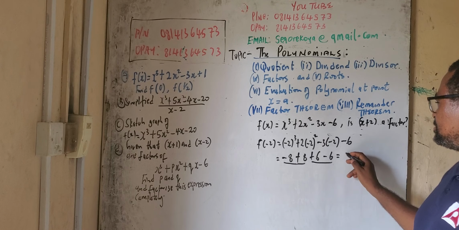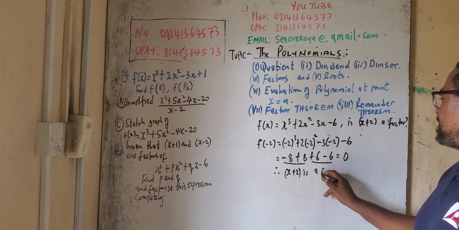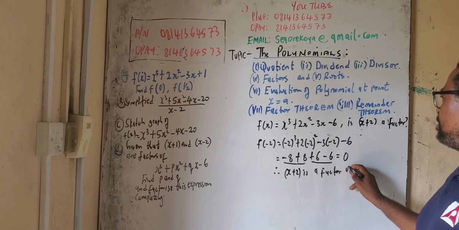Therefore, x plus 2 is a factor of f of x.